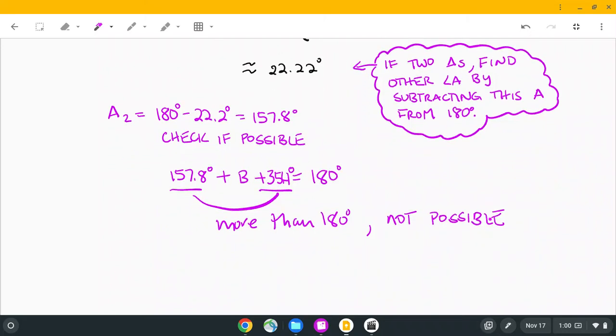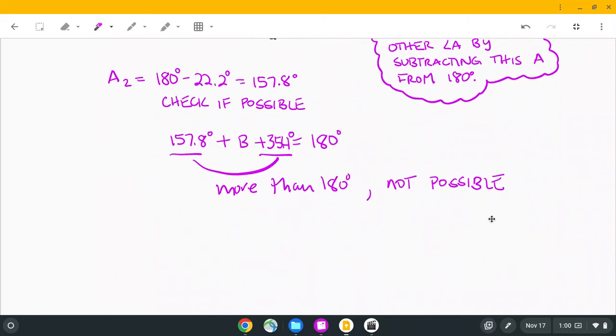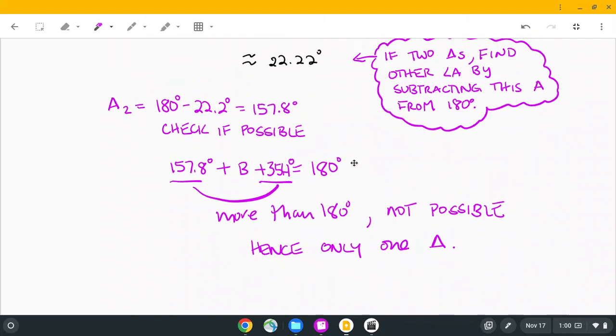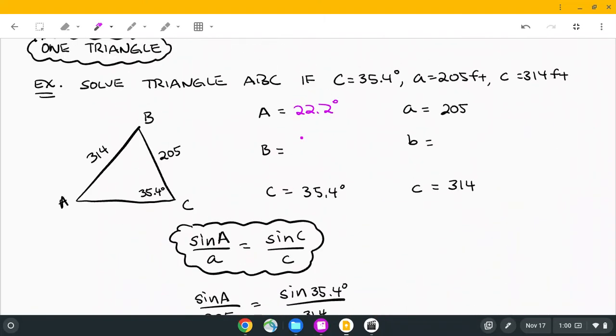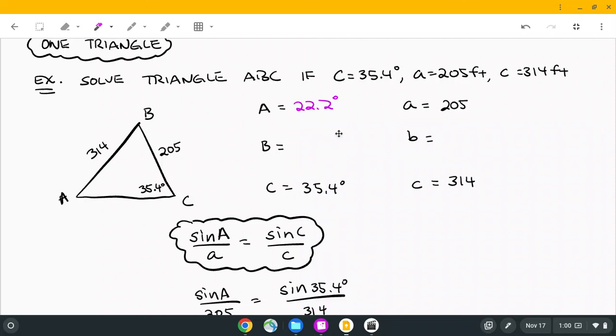Therefore, there is only one triangle. Hence, only one triangle. So we only need to worry about finding these other things here. So now I can find angle B.